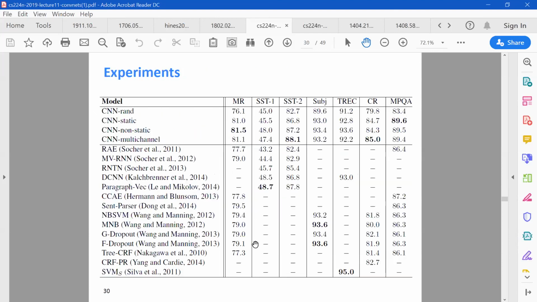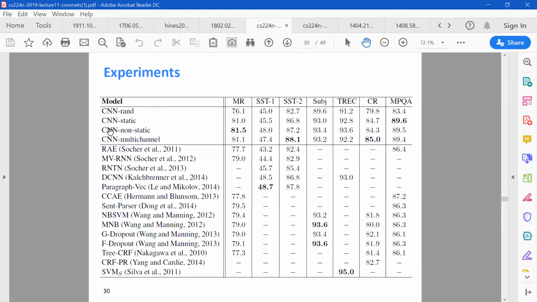Okay, so here are all the experiments that he talks about, and I don't know all of these, but let's see. CNN random: this means that you randomly initialize the word vectors and you let the network solve for them. Here's where you take the pre-trained word vectors and keep them.